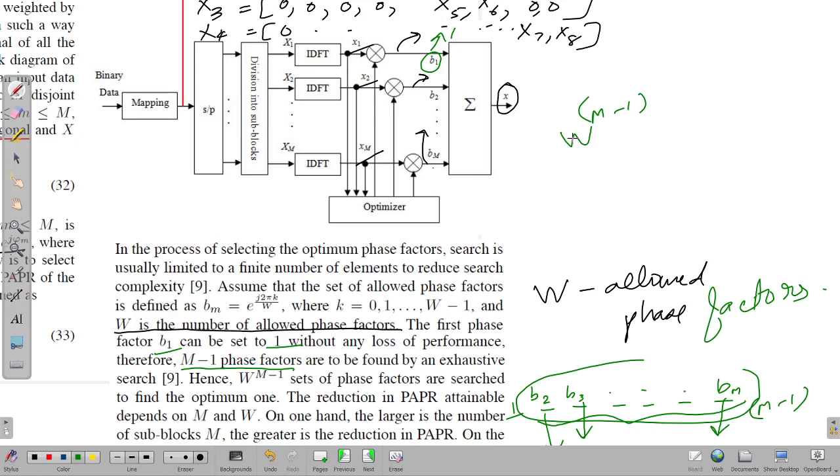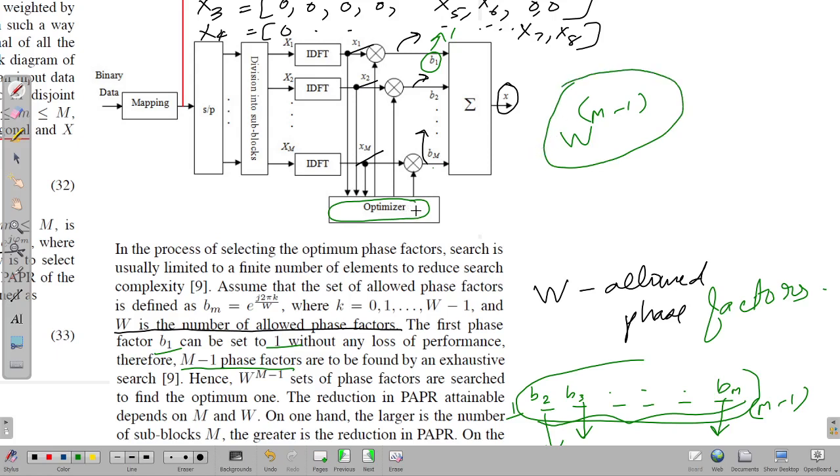So the optimizer needs to search w^(m-1) combinations in order to find the combination of phase factors which gives the minimum value of PAPR. Right, that's the idea. So what this optimizer does is it performs a search over w^(m-1) phase factor combinations.